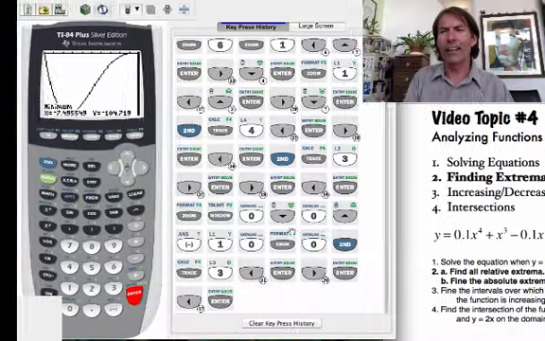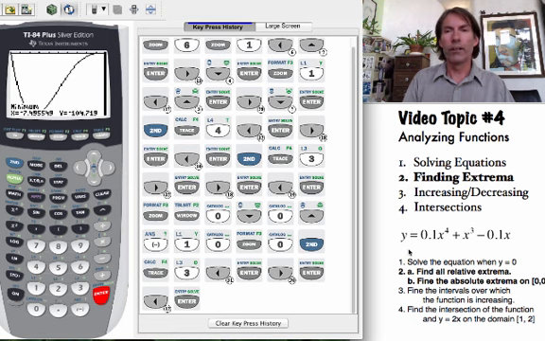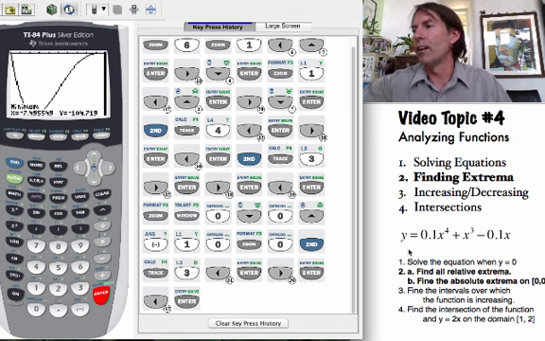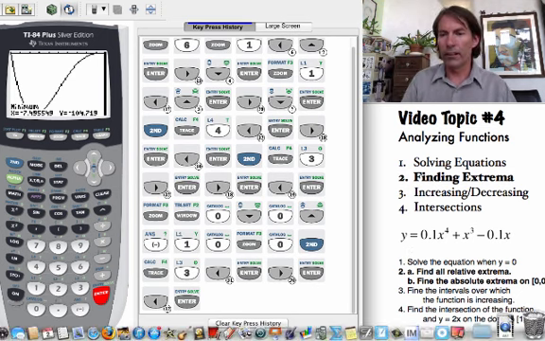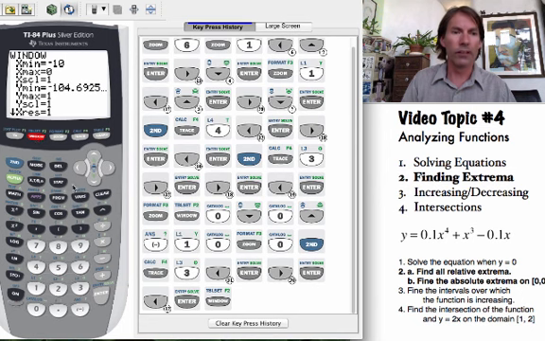Now we need to look at that other part, the absolute extrema. This is actually a little bit easier. So if you look at our domain here, our domain goes from 0 to 0.5. So we could enter into our window settings 0 and 0.5 for x minimum and x maximum.